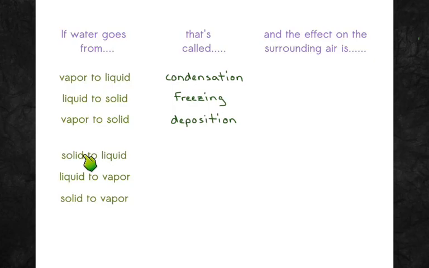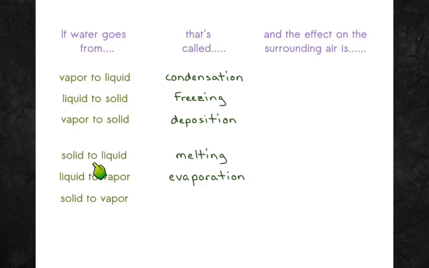Okay, going to the bottom part here. If we have solid going to liquid, obviously that's melting. If we have liquid going to vapor, that's going to be evaporation. And then finally, just like on the first part, you can actually skip the middleman.